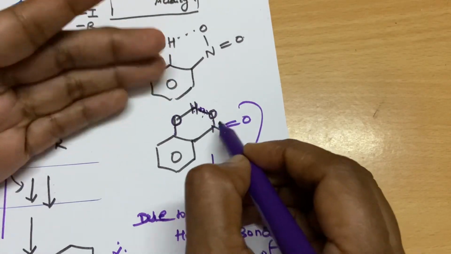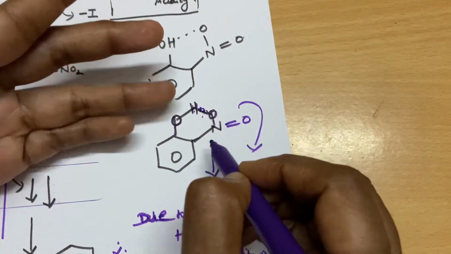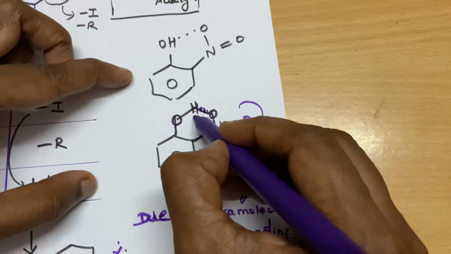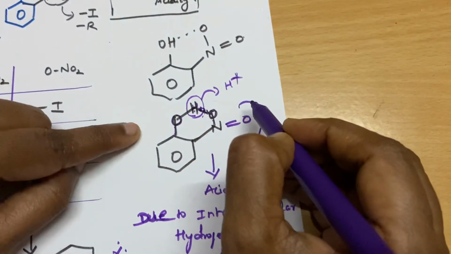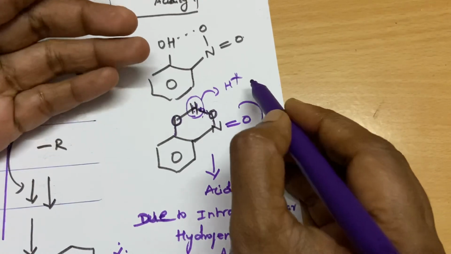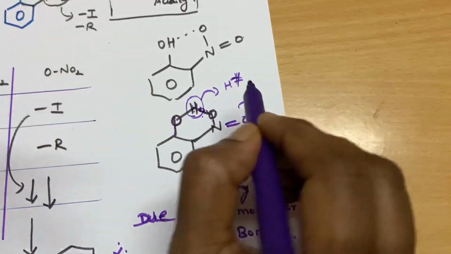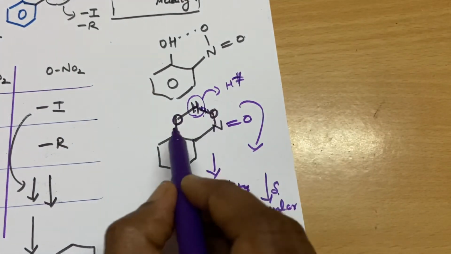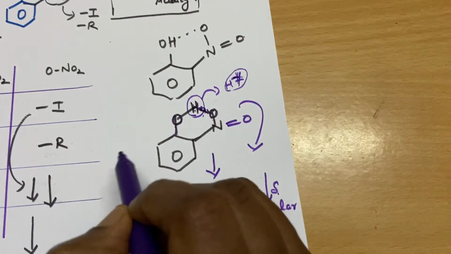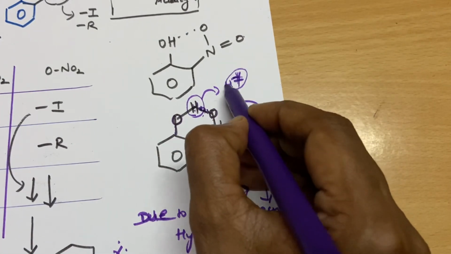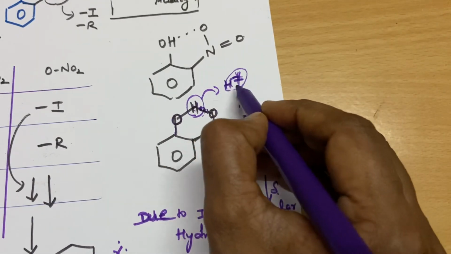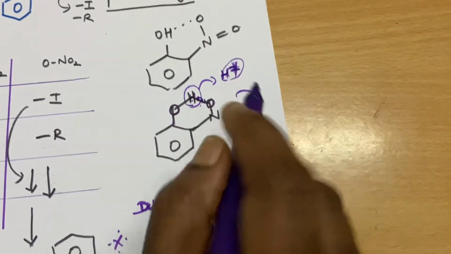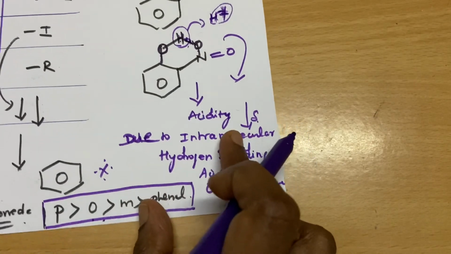Through this, intramolecular hydrogen bonding has been formed, which makes the donation of the proton not possible here. Due to this intramolecular hydrogen bonding, it cannot donate H plus ions. Only if it donates H plus ions is it acidic. Due to this, the donation becomes restricted.